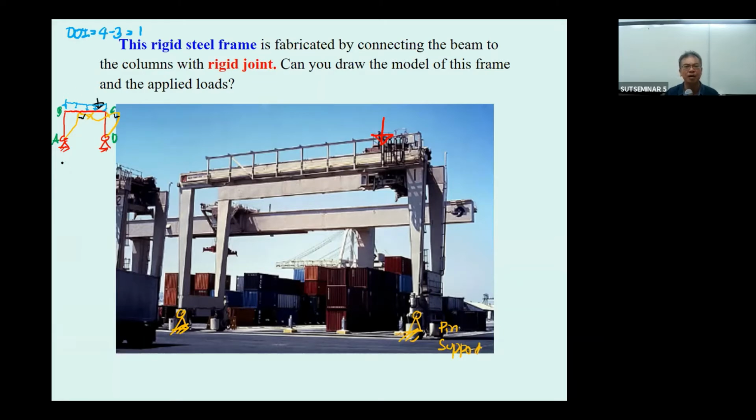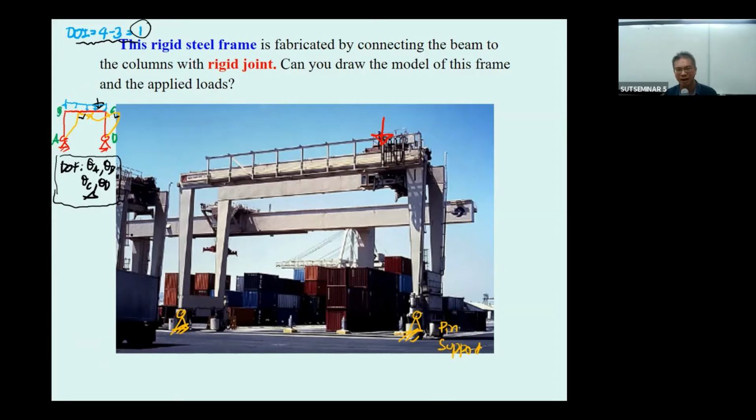So the degrees of freedom of this one will be zeta sub A, zeta sub B, zeta sub C, zeta sub D, and also delta. So if you solve this frame by using the displacement method, you're going to have a total of 5 degrees of freedom. But if you solve it by using the force method, you have only 1.